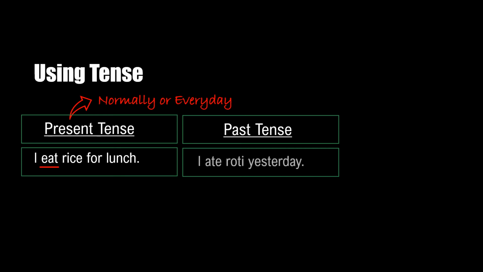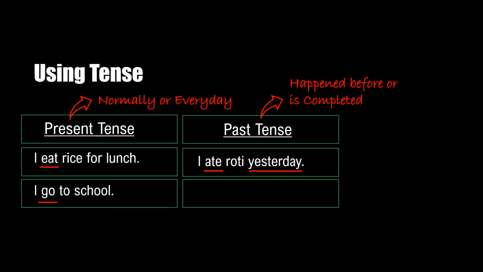But what happens when I ate roti yesterday? The verb eat changes to its past tense ate because I am talking about an activity I did yesterday. So the past tense means something that has happened before or is already completed.